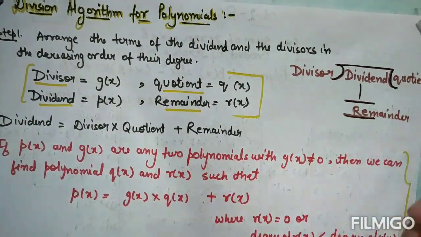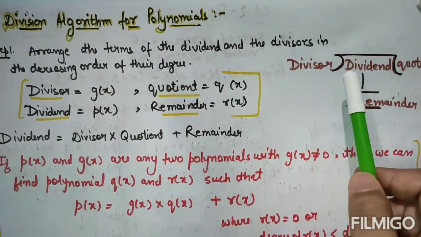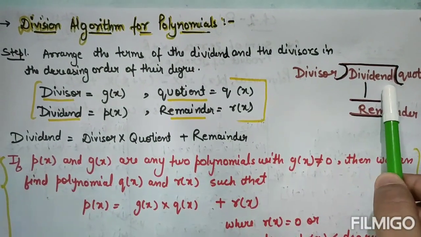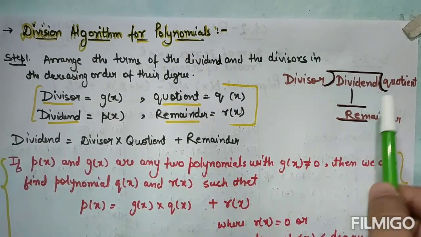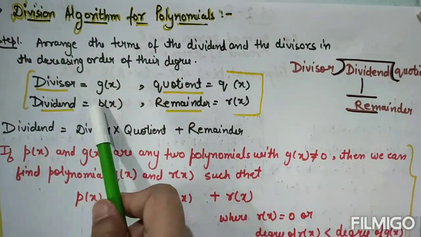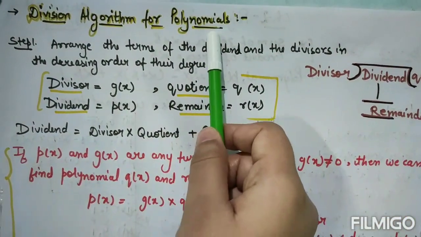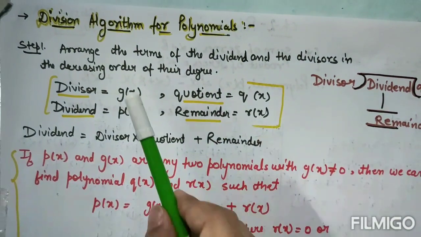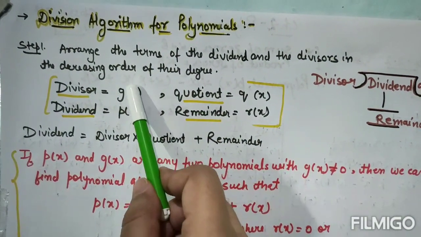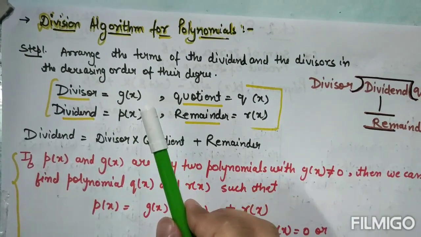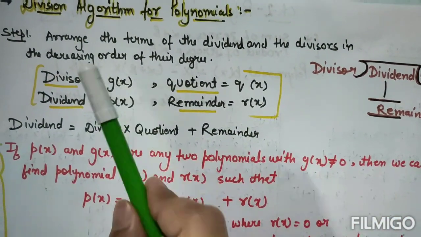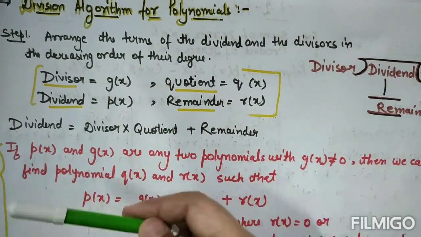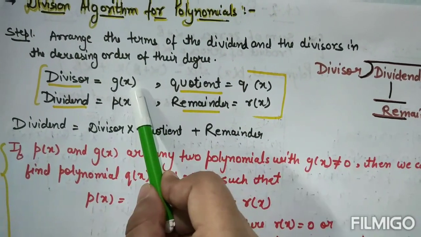Clear? Now, you know, when you divide, there is one dividend, one divisor, one quotient, and you get a quotient and remainder. Now, as we are talking about polynomials, you all know that polynomials are in the form of any variable, x, y, z, t, whatever. So we are assuming that our polynomial is in the variable x.